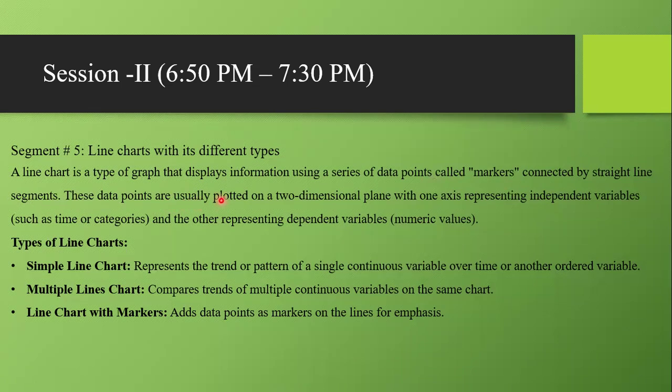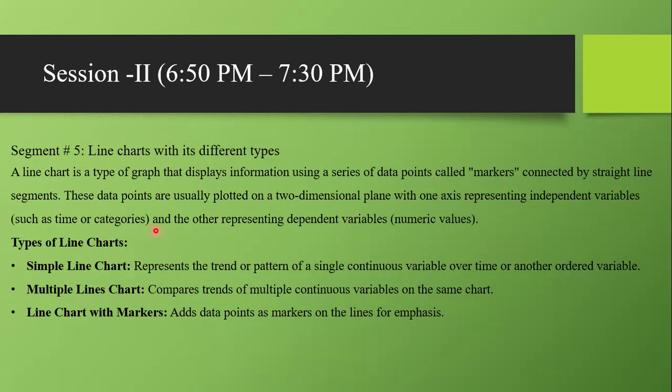These data points are usually plotted on a two-dimensional plane with one axis representing the independent variable and the other representing the dependent variable. So if we have one independent and one dependent variable and we need to plot using the line charts, we can do it.